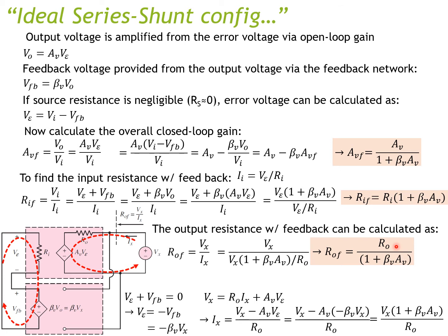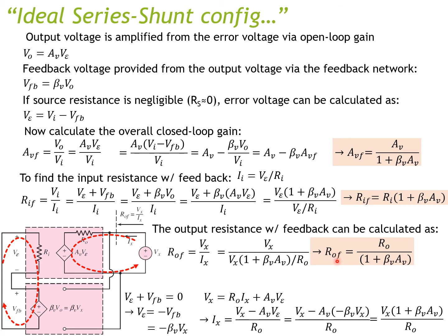Now take a look. Let's compare the difference between this equation and this equation. In order to calculate the input resistance with feedback, you multiply your basic amplifier input resistance by 1 plus beta AV, which makes the input resistance overall larger.